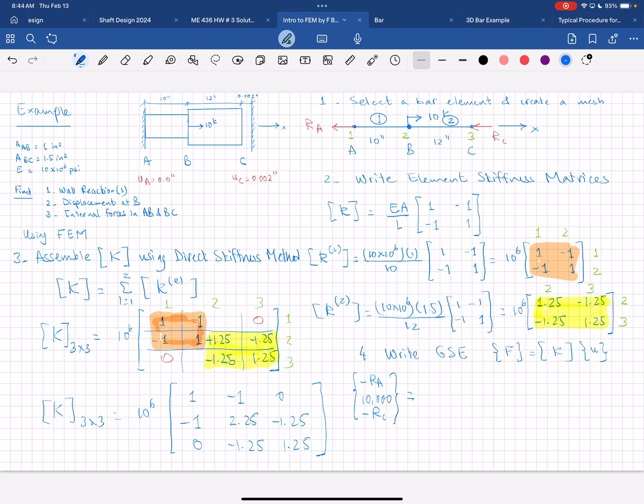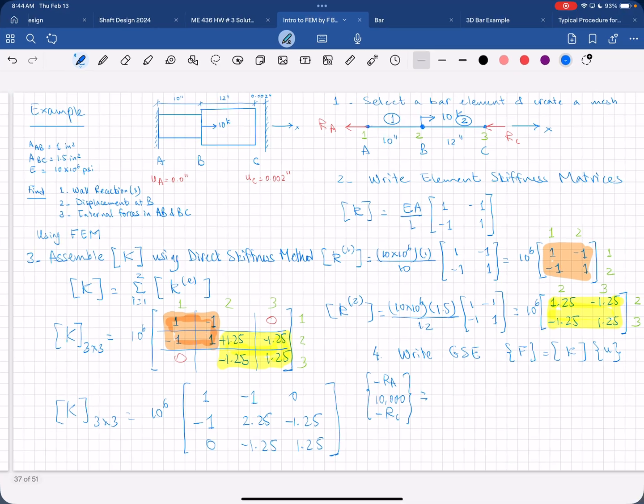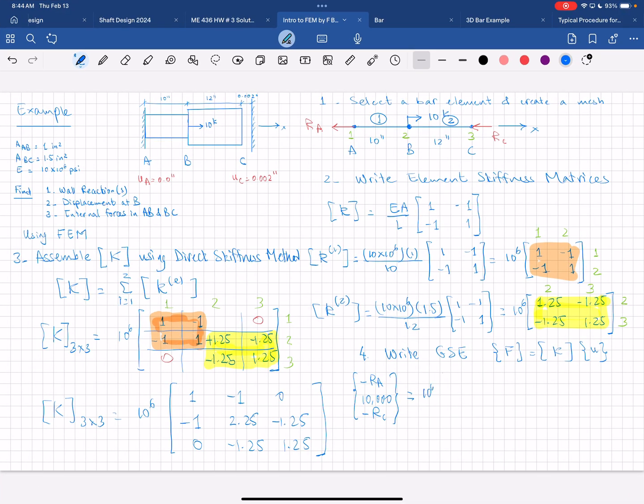This is equal to K, which is 10 to the power 6, multiplied by 1, minus 1, 0, minus 1, 2.25, minus 1.25, 0, minus 1.25, and plus 1.25, multiplied by the nodal displacements U1, U2, and U3.